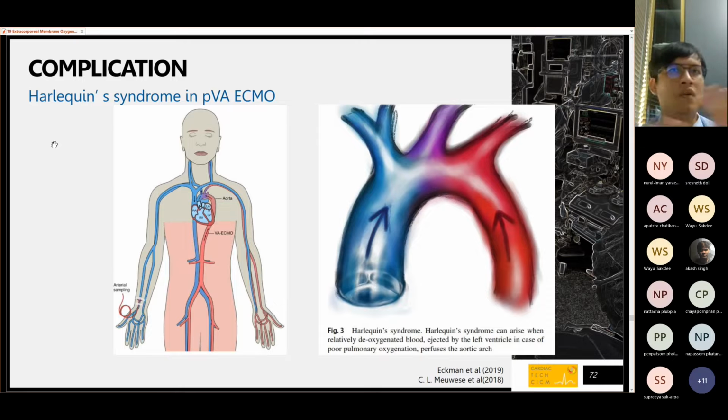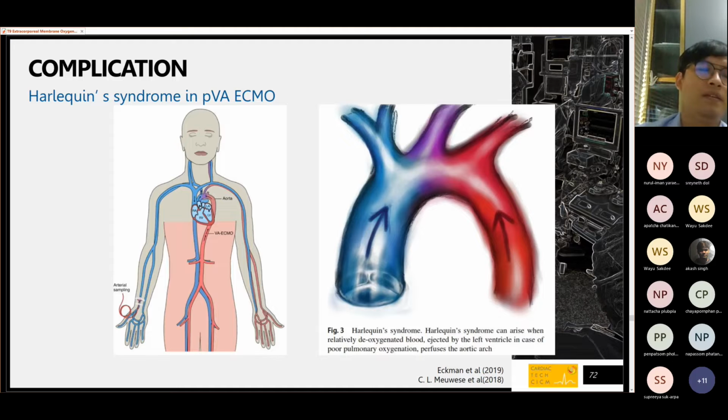So we know Harlequin syndrome has only been an issue in the last 5 to 10 years, just in the current topic here.